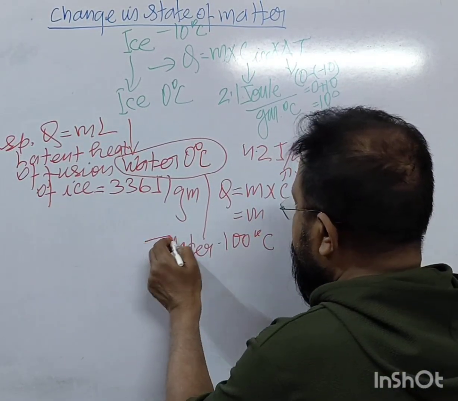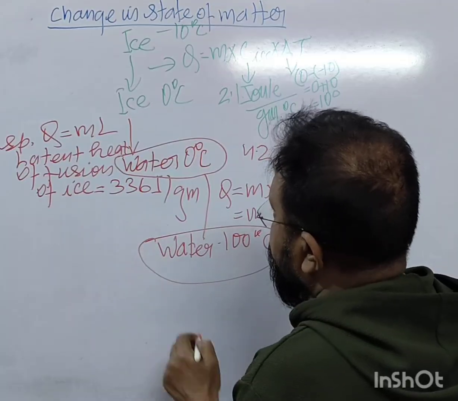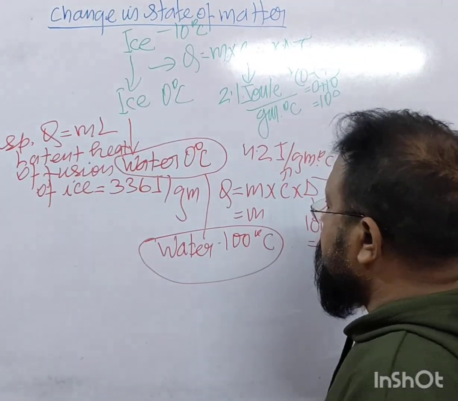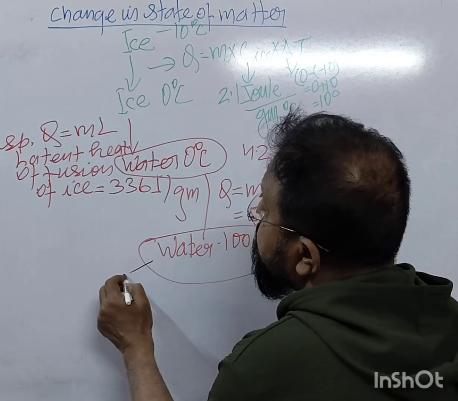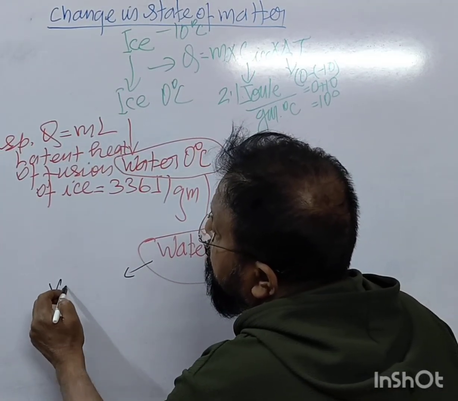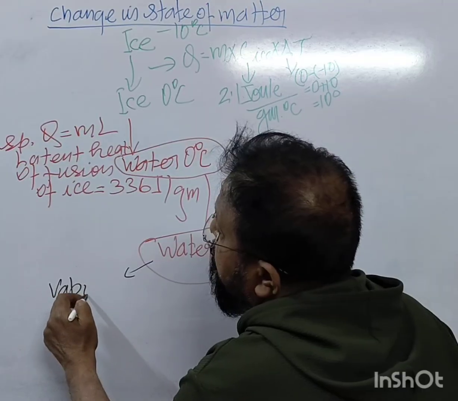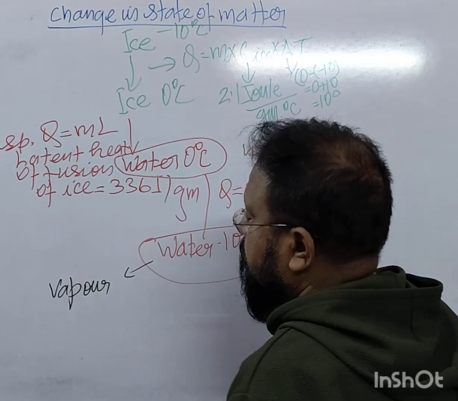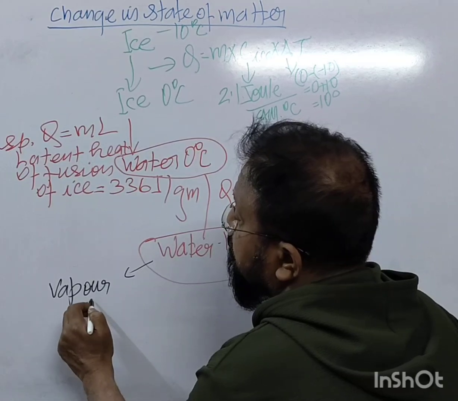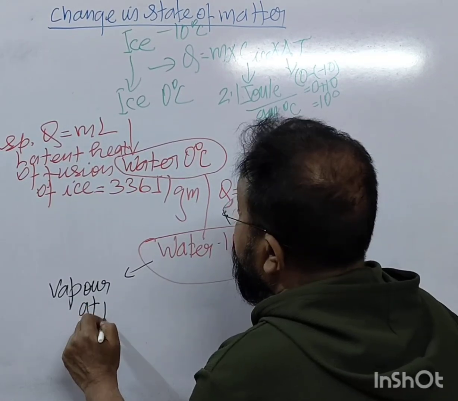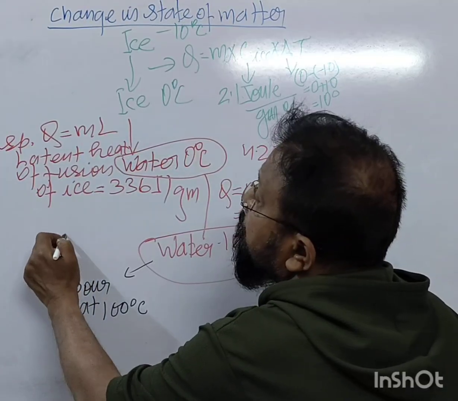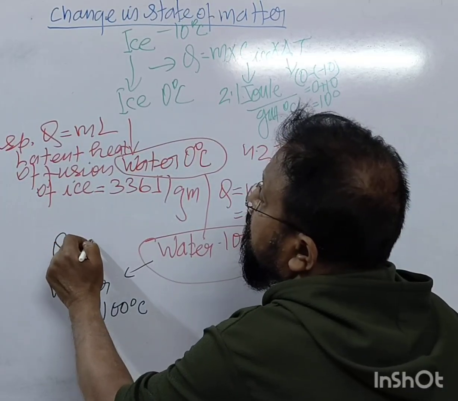Now this 100 degree Celsius water converts into vapor at 100 degrees Celsius. There Q is equal to ml.